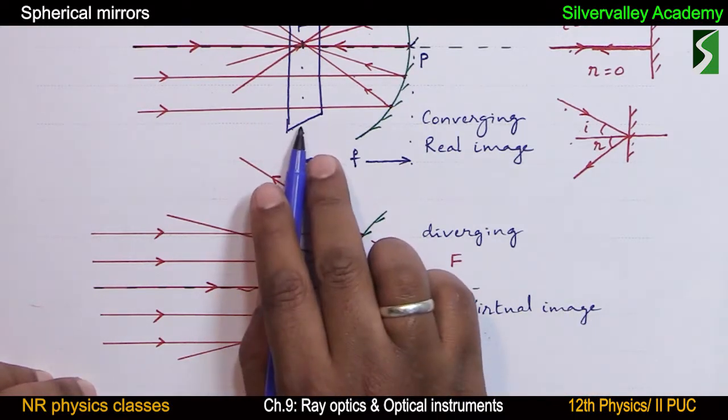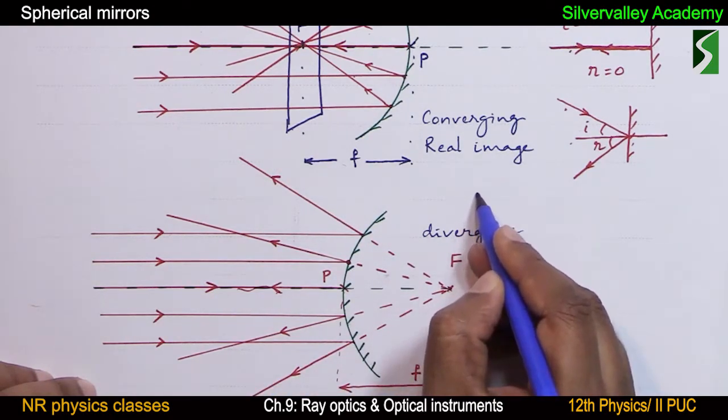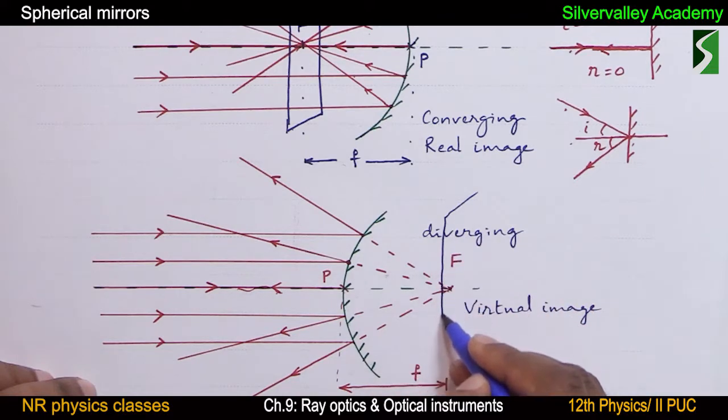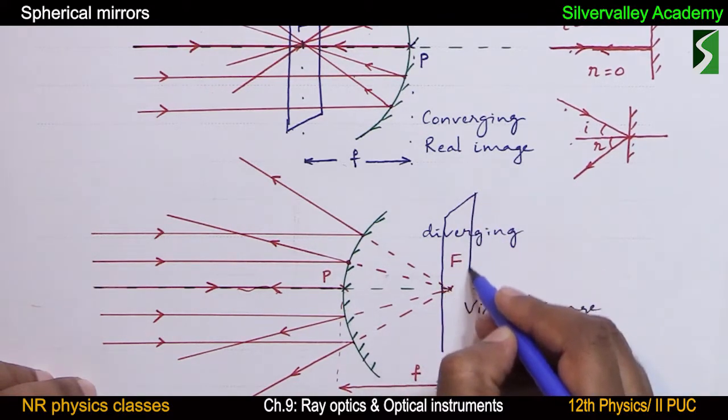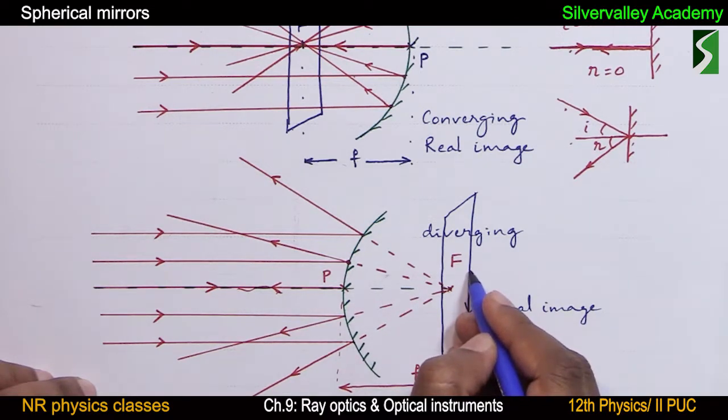And just like the previous case, if you consider an imaginary plane perpendicular to the principal axis and containing the focus, then this imaginary plane is called the focal plane.